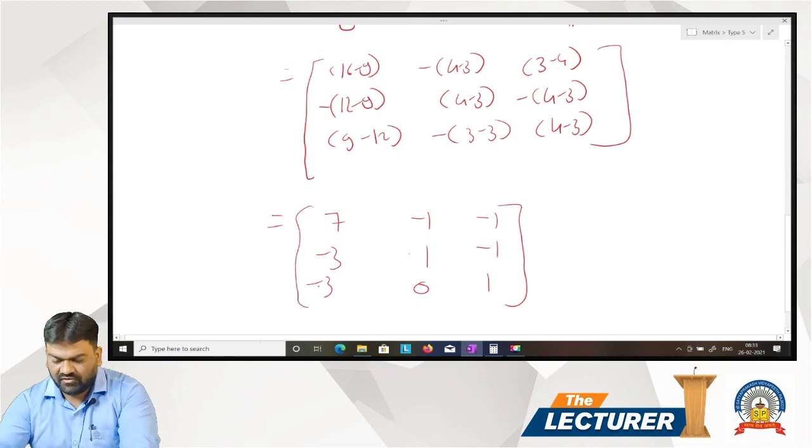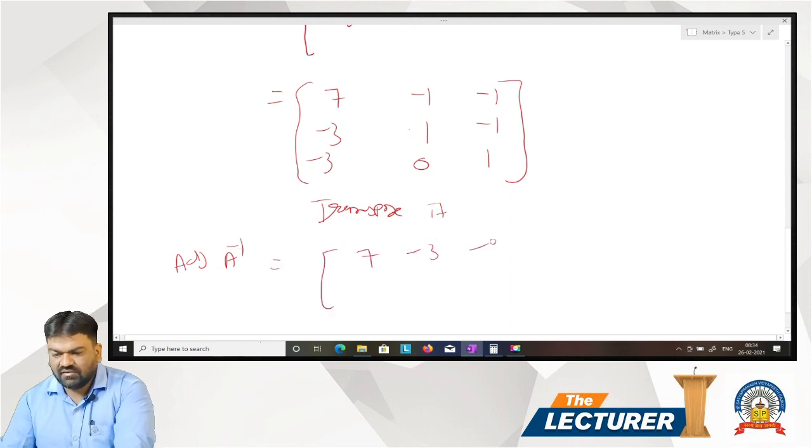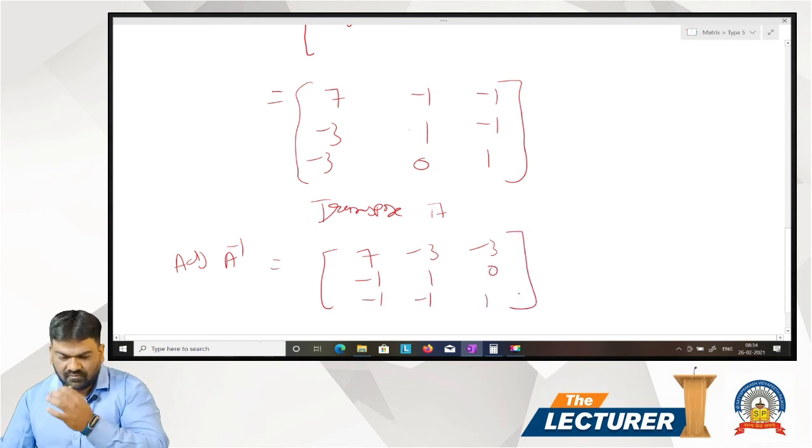Now transpose it. So adjoint of A raised to minus 1 is [7 minus 3 minus 3; minus 1 1 0; minus 1 minus 1 1].